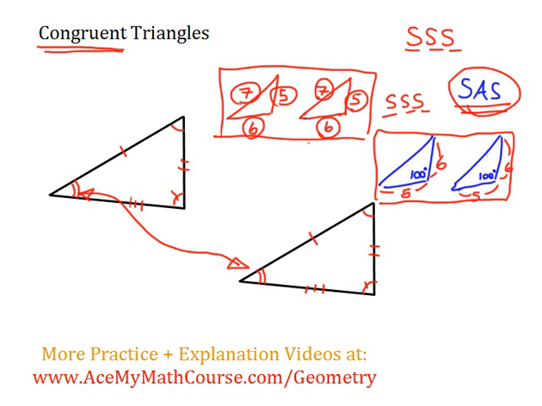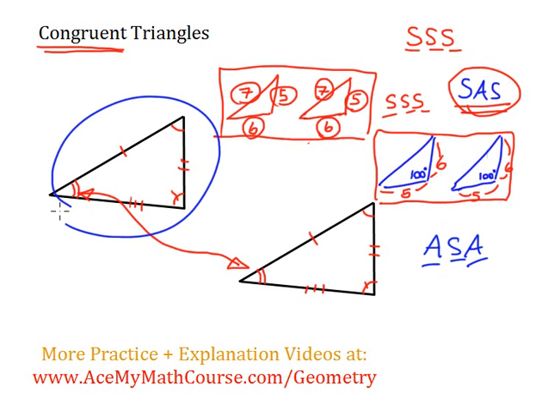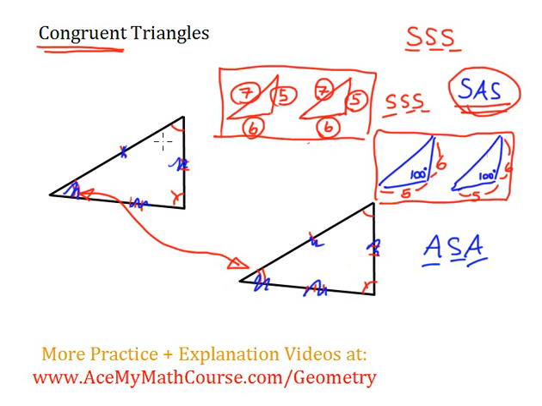Now, the last way that I'm going to teach, at least right now, to prove that two triangles are congruent is ASA, or angle, side, angle. So how does that work? Well, let's take a look at these two here. Let's forget about these. Let's pretend we don't know that right now. Let's say that this angle right here measures 40 degrees, and that this one measures 80 degrees.